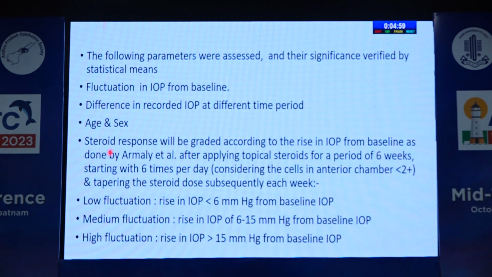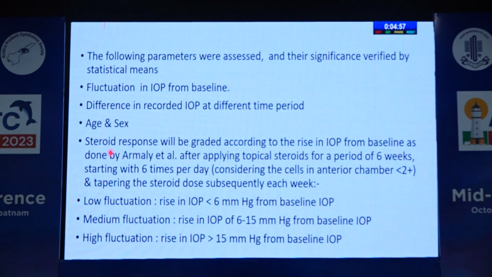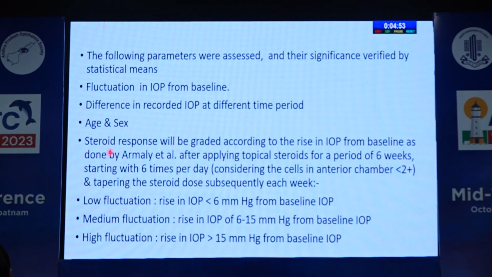The following parameters were assessed and their significance verified by statistical means: fluctuation of IOP from baseline, and difference in recorded IOP at different time periods we have taken. Age and sex were also considered, and steroid response will be graded according to the rise in IOP from the baseline, as done by Armaly et al.